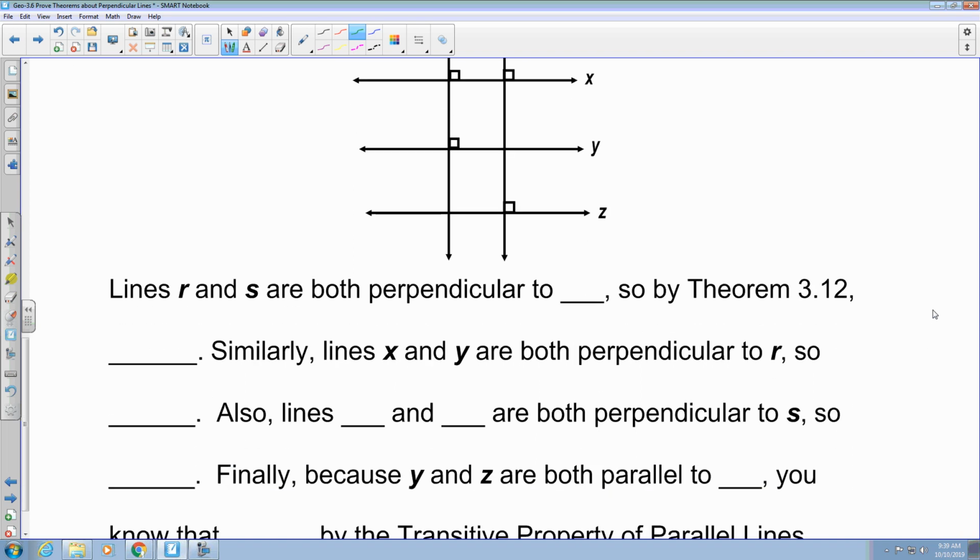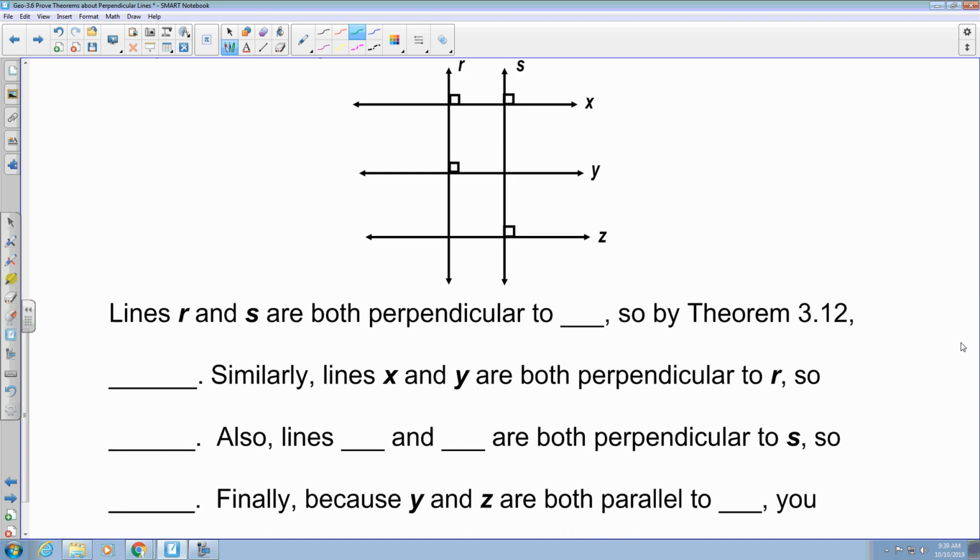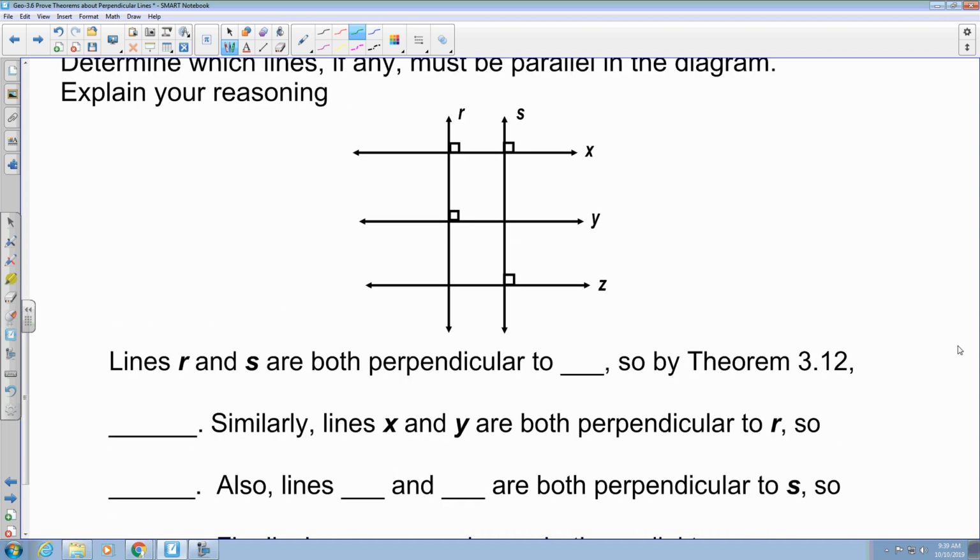It states that if R and S are both perpendicular to blank, so if you look here, the only one in the diagram where both R and S are perpendicular to is line X. Because right now, that's the only one that has two right angle symbols that share R and S and share the same line.